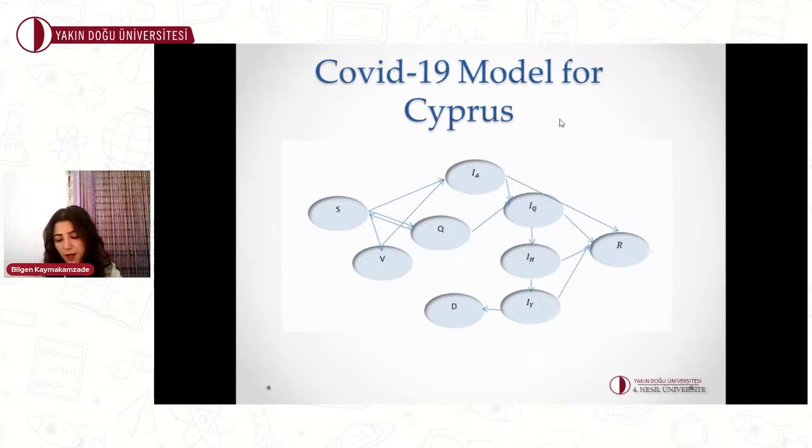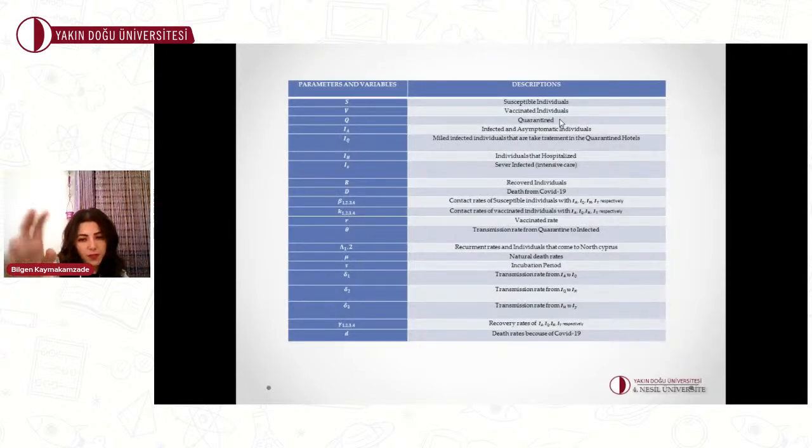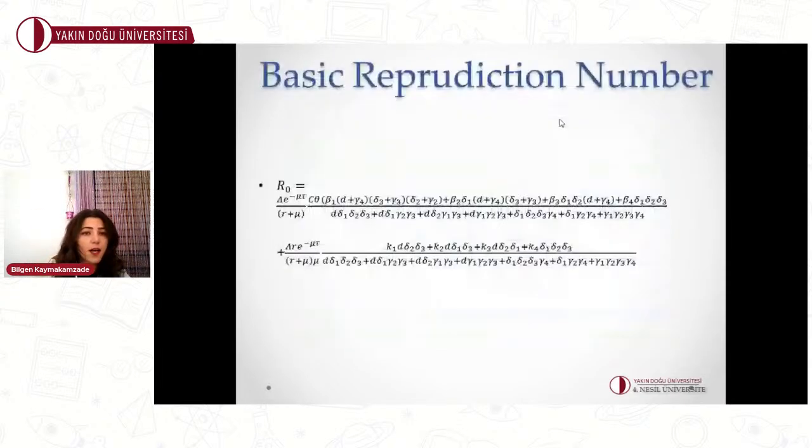And I have a lot of time, I know, but I want to give a bit more information about the COVID-19 model for Cyprus. We created our model, where we divided the population into 9 compartments, and here we have the parameters, and using these we found our basic reproduction ratio, which is a bit huge.